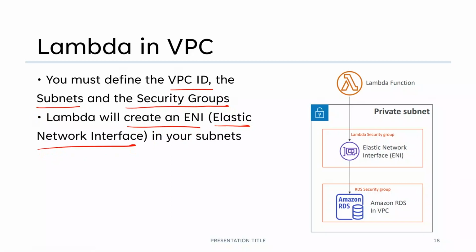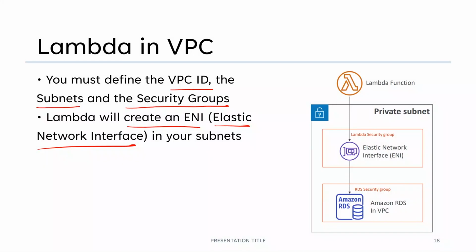I'm going to discuss Elastic Network Interface in a separate video, but in layman's terms, each device is associated with a network interface, and that network interface can have private IPs and public IPs. So if you want your device to have a public or private IP, you need to have a network interface attached to it.